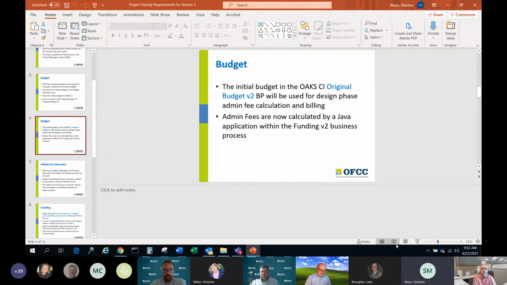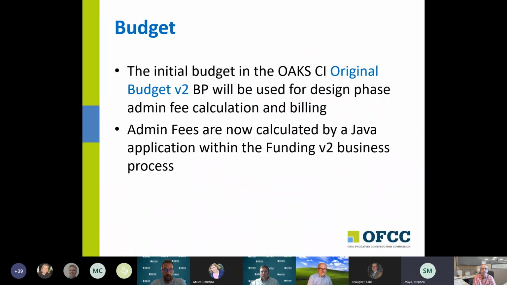So let's go to presentation mode here for openers. The initial budget for agency staff, the initial budget in the original budget B2, will be used for design phase admin fee calculation and billing. If you do an update before we do the rec letter process, then it will be the most recent budget that's out there.